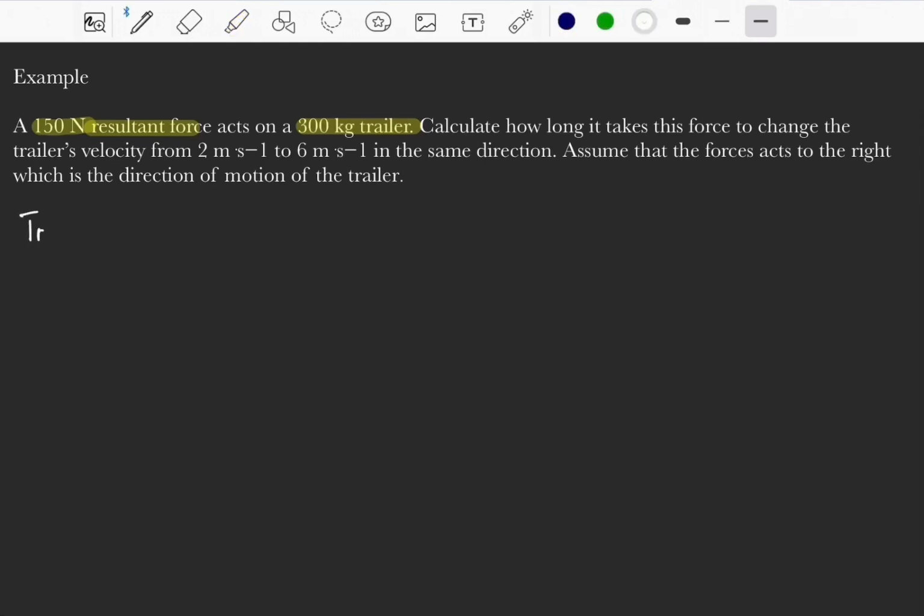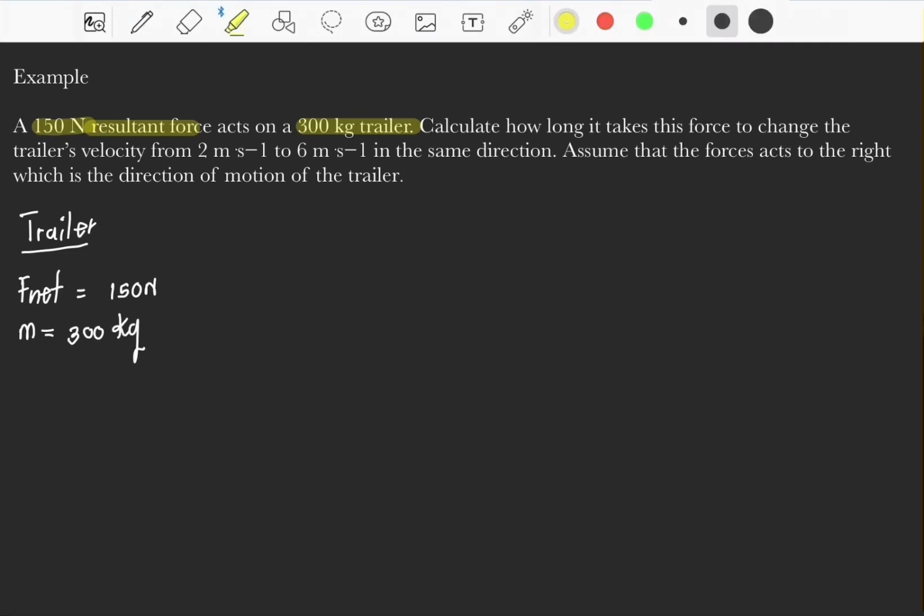So you go ahead and write trailer, and then you write all the information about the trailer. They say the net force that acts on it is equal to 150 Newton, and the mass of the trailer is equal to 300 kilograms.